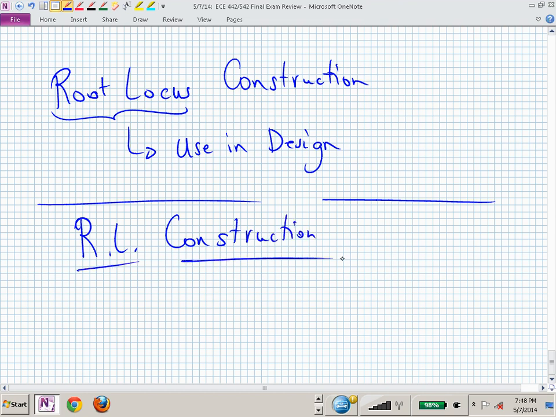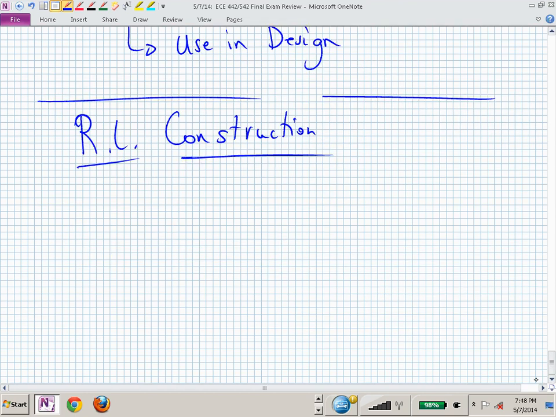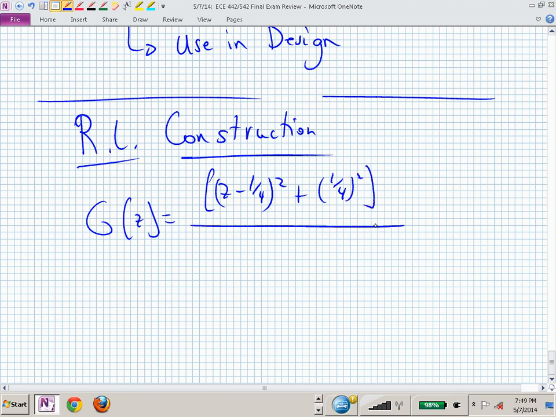But in terms of construction, suppose I give you the following. Suppose I say here is a G of Z that is Z minus 1/4 squared plus 1/4 squared over Z times Z plus 1/2 squared plus 1/2 squared.